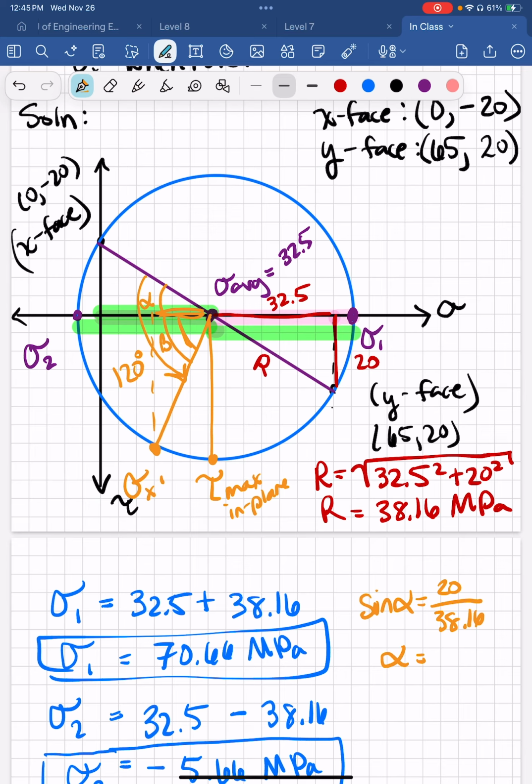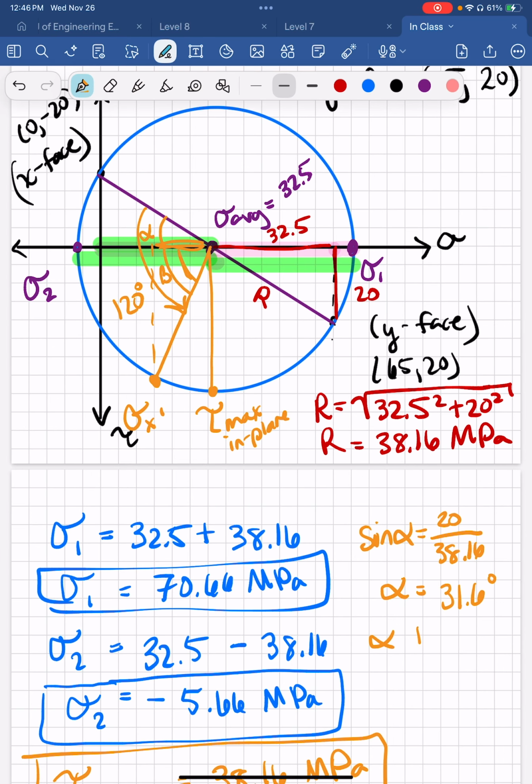So alpha is going to equal 31.6 degrees. And then alpha plus beta is going to equal that 120 degrees. So beta is going to equal 120 minus that 31.6 degrees, which equals 88.39.